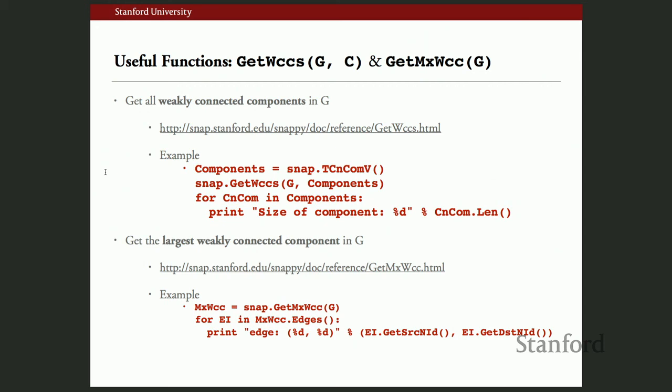And then you can call this GetWCCs function and pass the components in and the graph in, and it computes it. And that GetWCCs function actually populates the vector with all of the connected components in the graph.